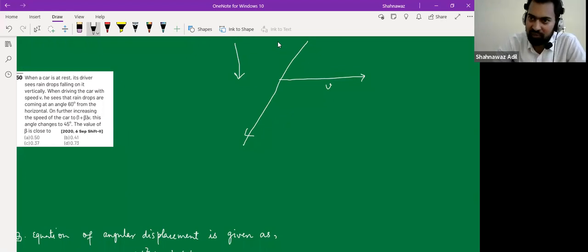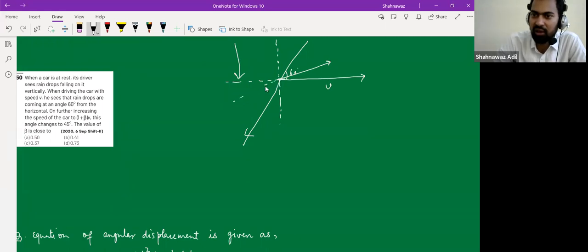So this makes an angle of 60 degrees from the horizontal. And on further increasing the speed of the car to 1 plus beta v, the rain appears to be falling like this. Okay, so this makes an angle 45 degrees, right?